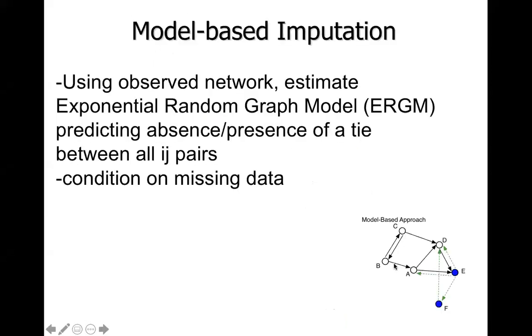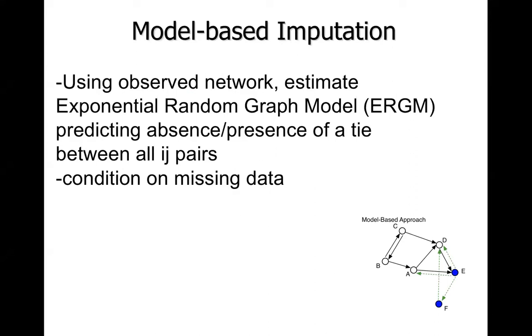So with model-based imputation, the basic idea is that you start with the observed network. You use exponential random graph models, which I won't go into too much here.